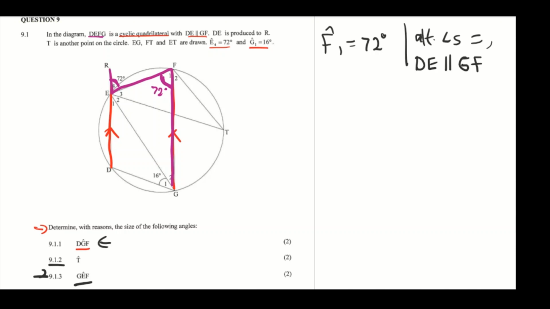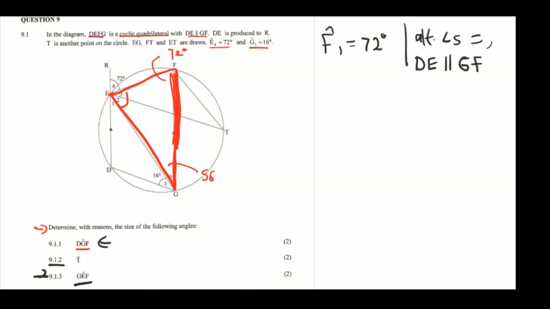Angle GEF. So to find angle GEF, which is what I did earlier, is by drawing this triangle, because it's within this triangle. I know I'm just not drawing it properly, but you can see just by drawing this triangle here, we want this angle here. We already know this, which is 72 degrees. We already know this, which is 56 degrees. So we just want this angle here.